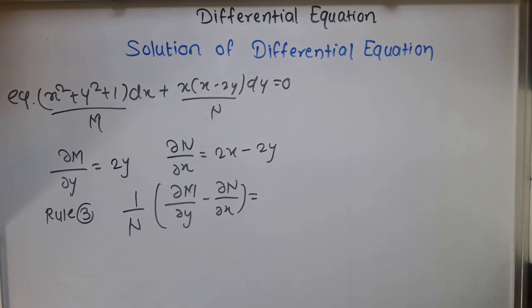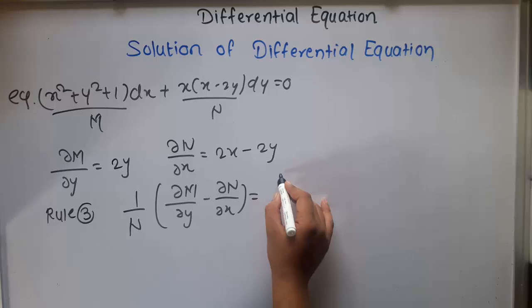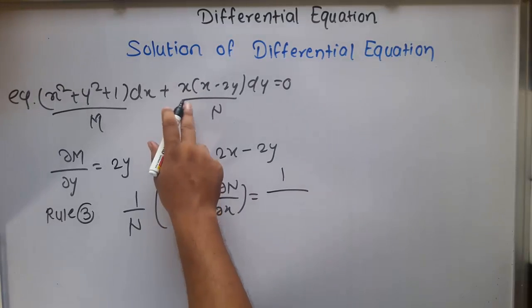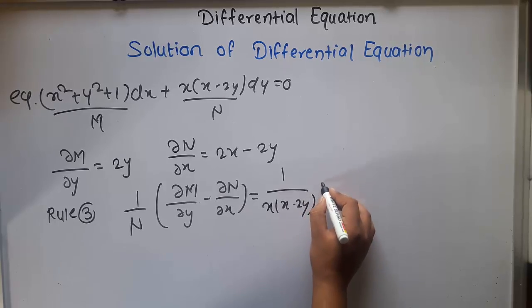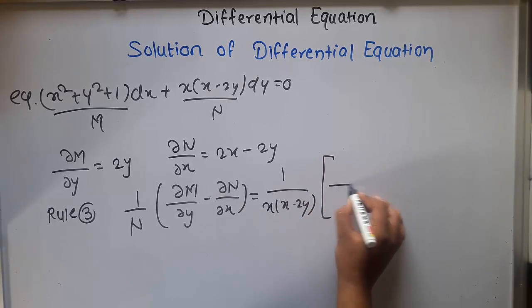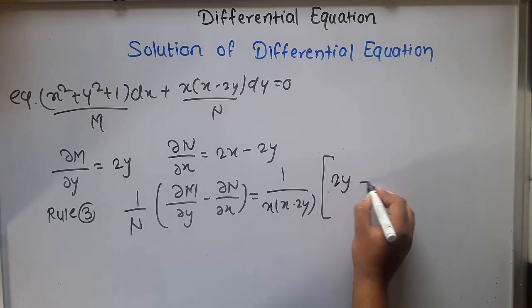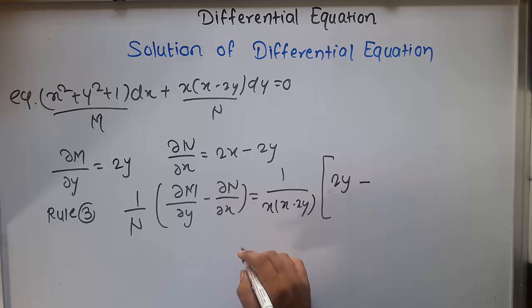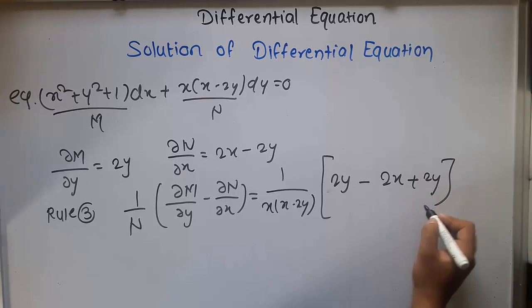If we get a function of x, then we use the integrating factor e raised to integration f of x dx. So we find 1 upon our N, x into x minus 2y, in bracket del M by del y, which is 2y, minus del N by del x. So it will be 2x plus 2y.